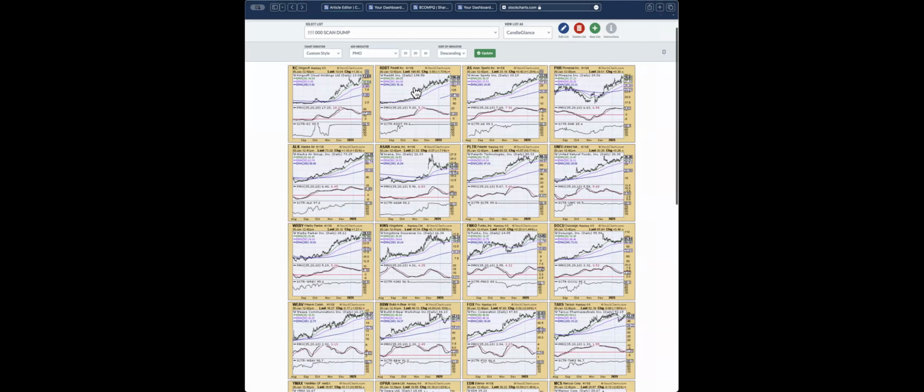Let's go back. Here's another one. Reddit is at the top here. And again, in this case, we don't have an overbought RSI because it's having a bad day. That is a bearish engulfing candlestick, so we may be in for a little bit more decline here, but the rising trend is still very much intact.